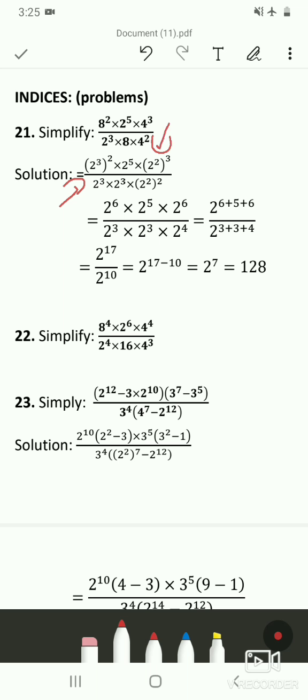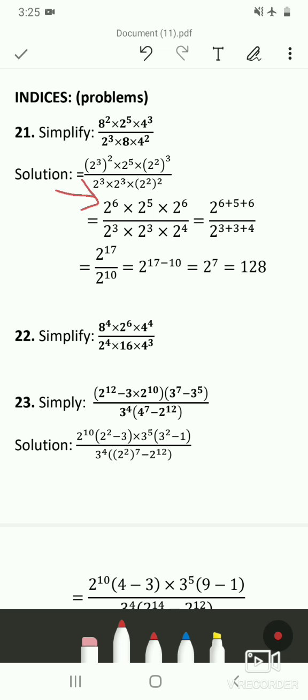So you are writing it as (2 square) whole raised to 3, that is 4 raised to 3. In the denominator 2 cube is as it is, and again 8 is nothing but 2 cube, and then 4 is nothing but 2 square. So 4 square is written as (2 square) to the whole square.